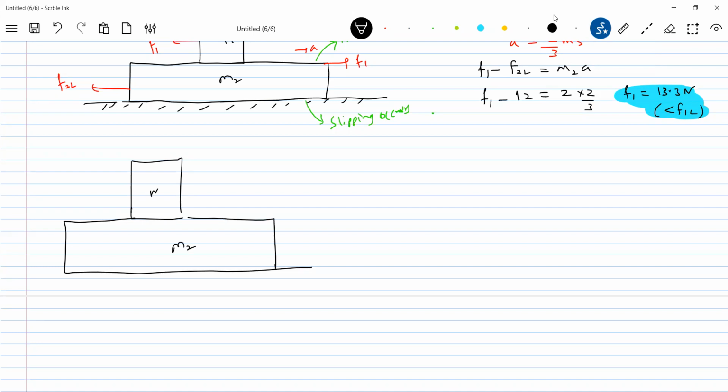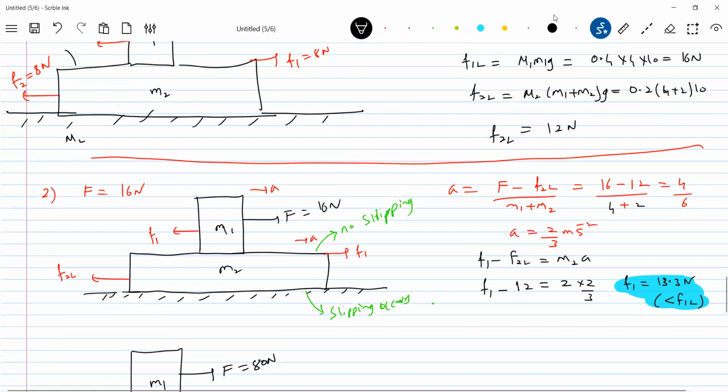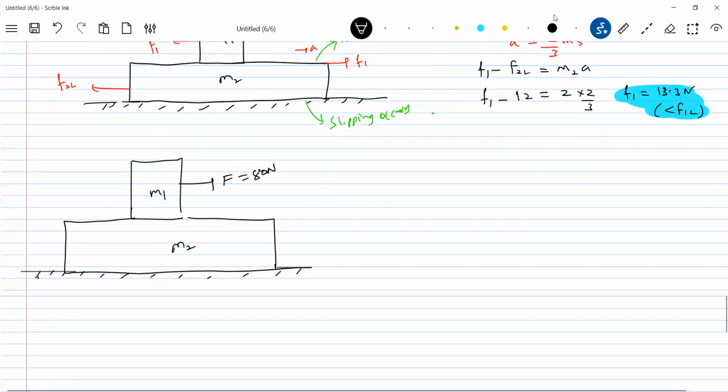This is M2, this is M1. I'll apply some 80 Newton. Third case, applied force 80 Newton. What do we have to do here now? So what were our values of F1L?